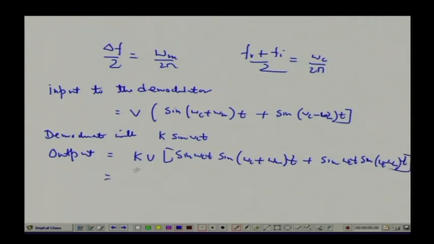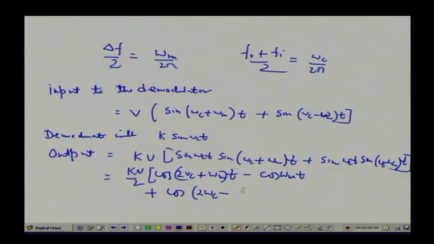So, this will give you k v by 2 cos of 2 omega c plus omega m into t minus cos of omega m t plus cos of 2 omega c minus omega m into t minus cos omega m t.